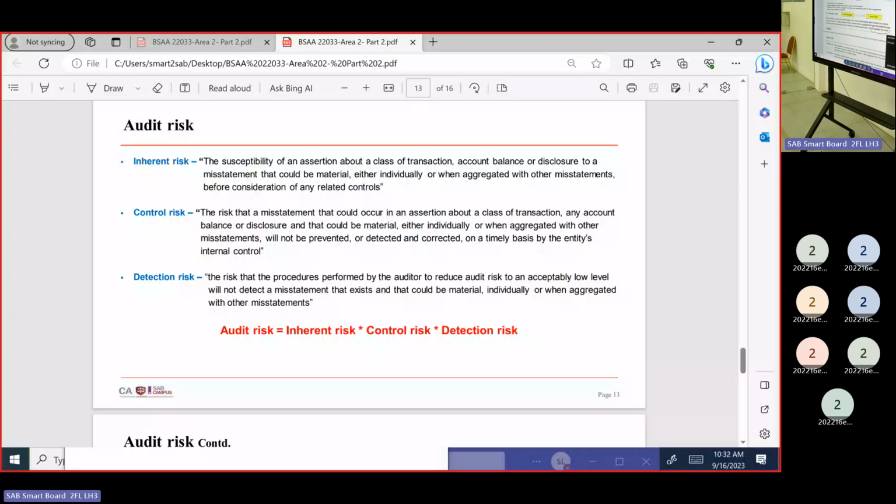External risk, inherent risk, control risk. This one is very important.